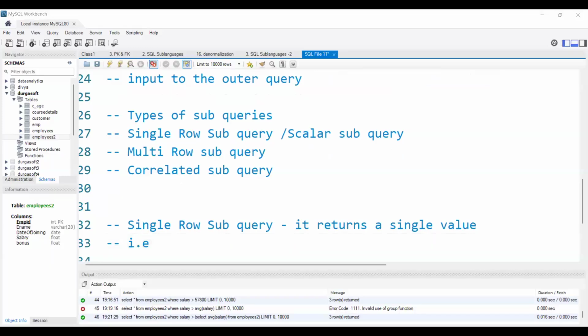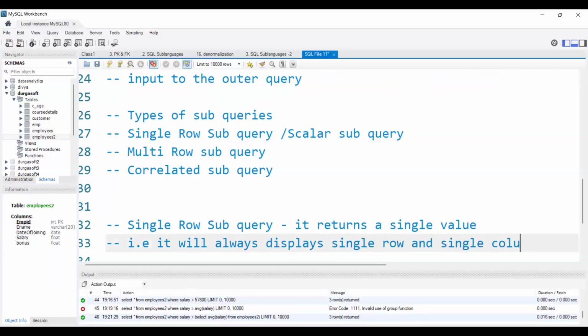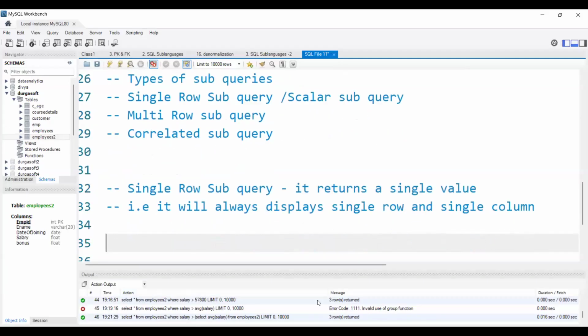Whenever we are solving a single row subquery, it will always display a single row and a single column. Now let's solve an example.